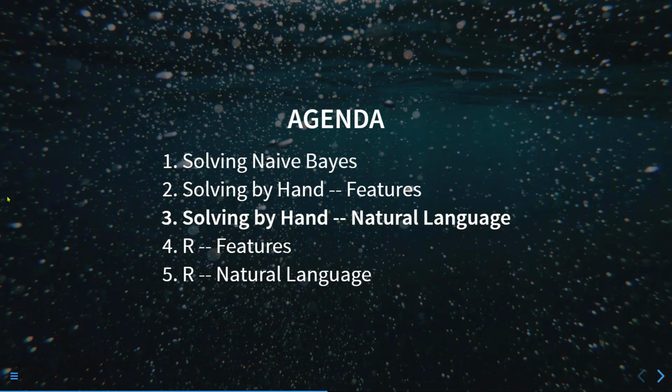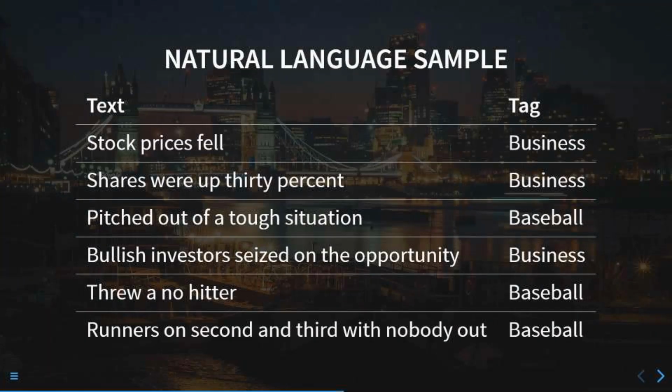We're going to see an example of using natural language to classify something and solve it by hand. In this case, I have little bits of text, and I want to describe whether they reference an article in a business section or something related to baseball. Each of these snippets will correspond to one of the two.